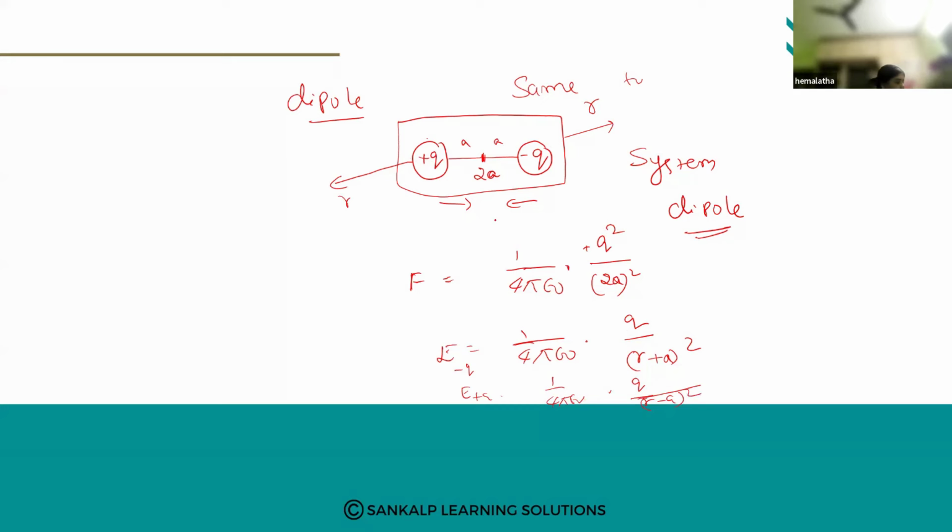Next, due to this system of charges, we have to calculate the field in the equatorial plane. Now if you add these two, how much do you get?